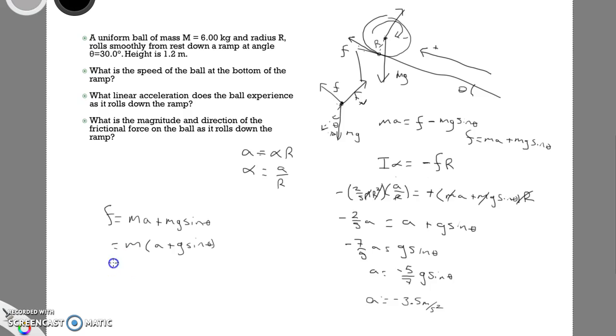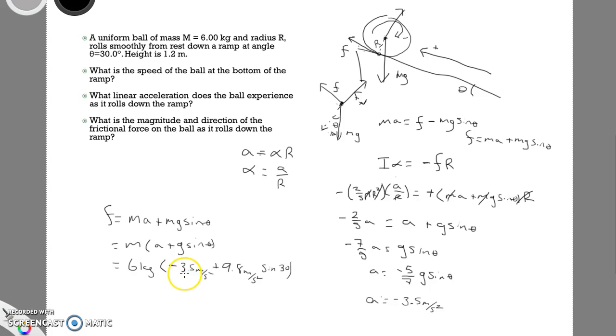The mass is 6 kilograms. A was negative 3.5 meters per second squared plus 9.8 meters per second squared times sine of 30. Okay, since that's 1/2, this becomes 4.9.